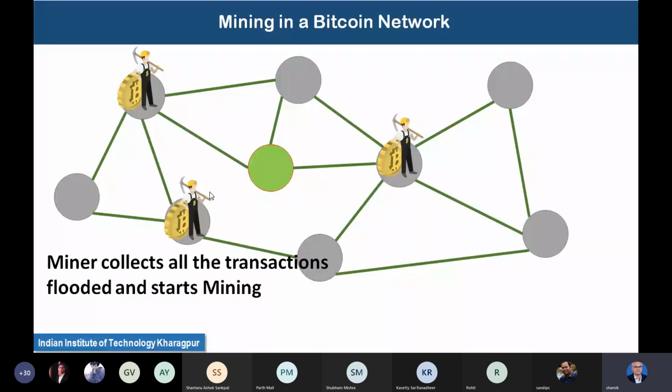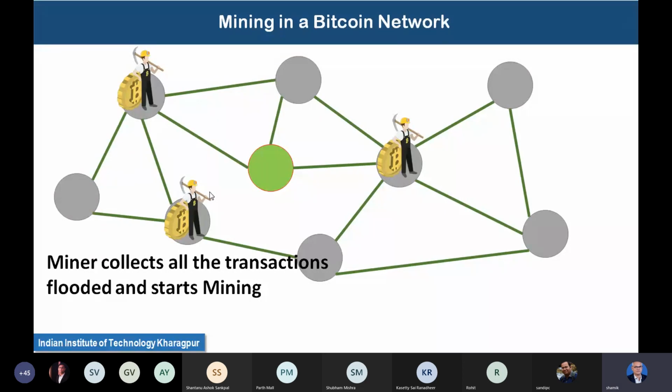They all know that the previous block had a block number of, say, 100,000, and they are going to mine a new block which will have the number 100,001. But again, all of them do not necessarily have the same set of transactions they are trying to include in block 100,001.